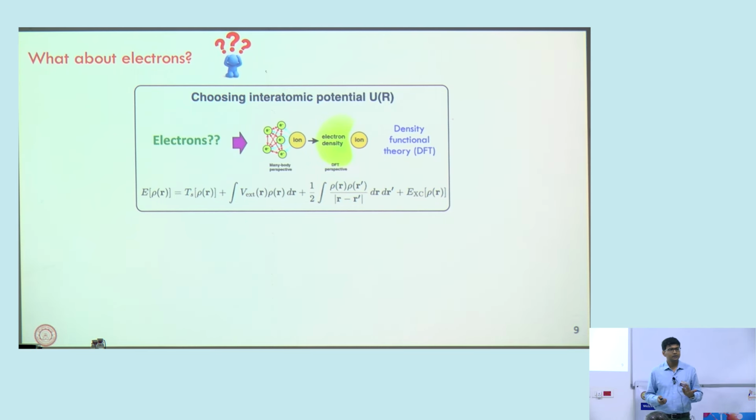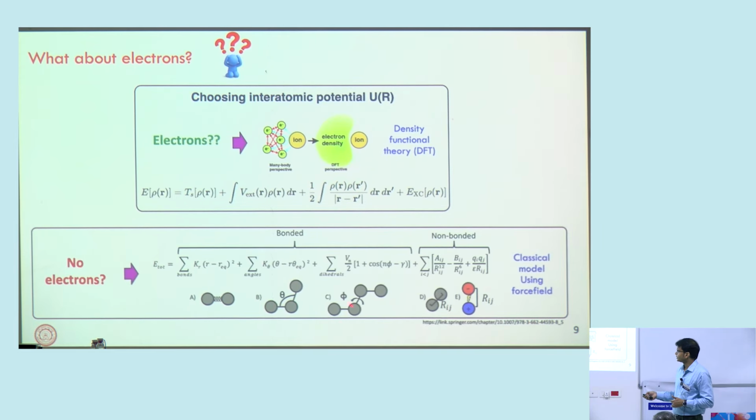You know density functional theory, some of you have heard of. So what we do here is to incorporate electrons into our calculation. We incorporate how the electrons interact with each other, or how the electrons interact with the nucleus. So nucleus-electron and electron-electron interactions we have to incorporate, and there is a convenient way of doing it, called density functional theory, for a many-electron, many-body problem.